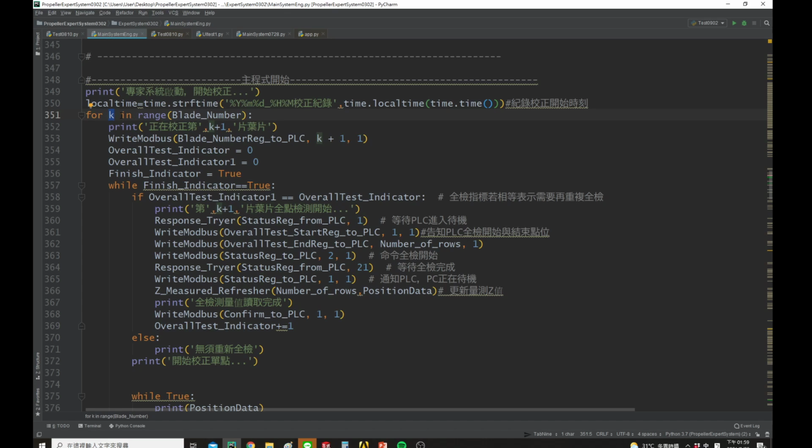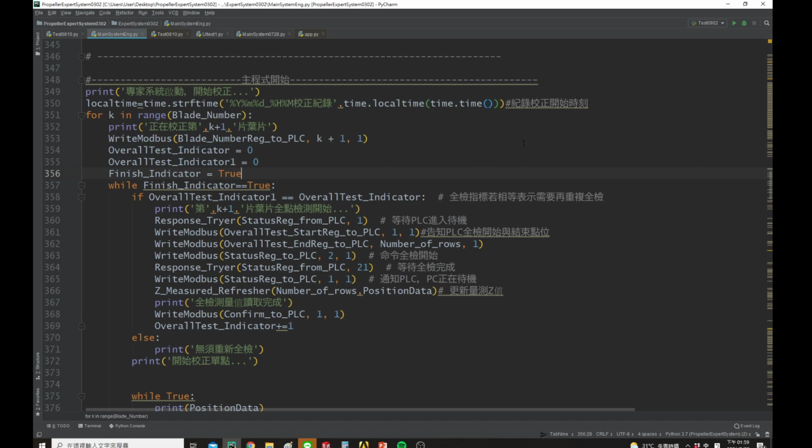It loops 4 times. This is some communication with the machine, and here we have 2 overall test indicators.